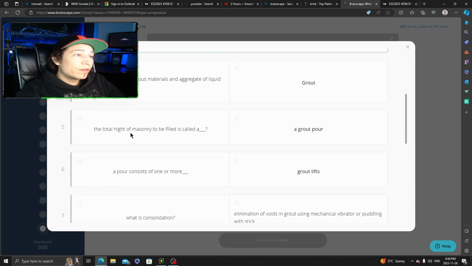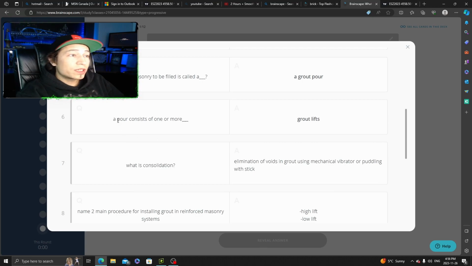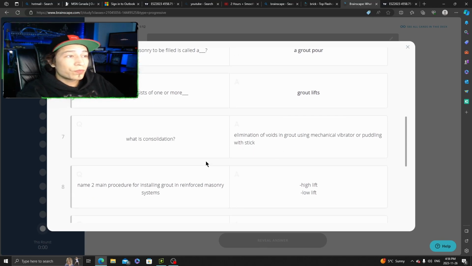The total height of a masonry wall to be filled is called a grout pour. A pour consists of one or more grout lifts.